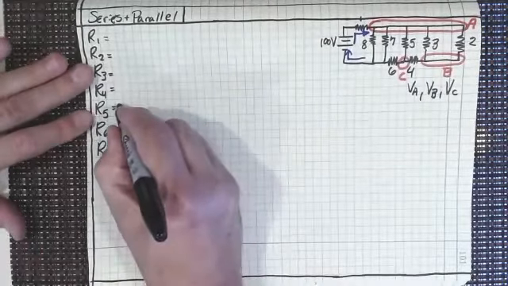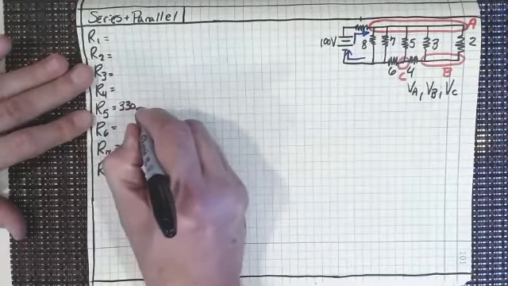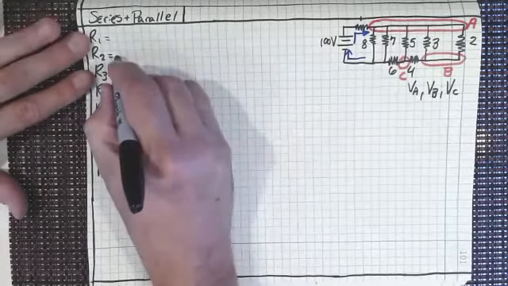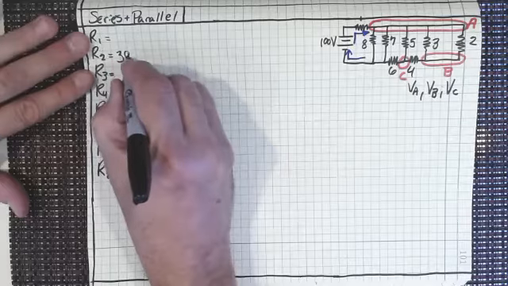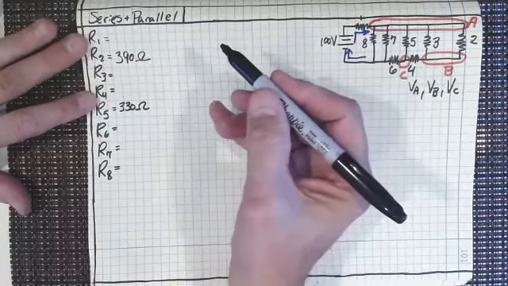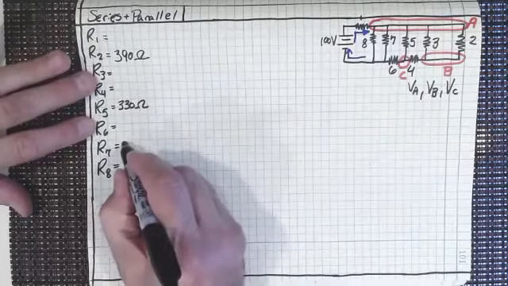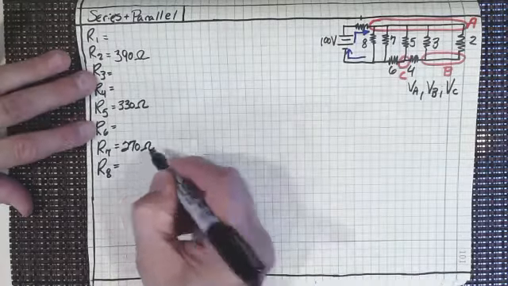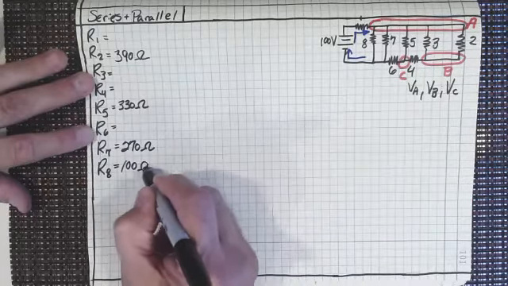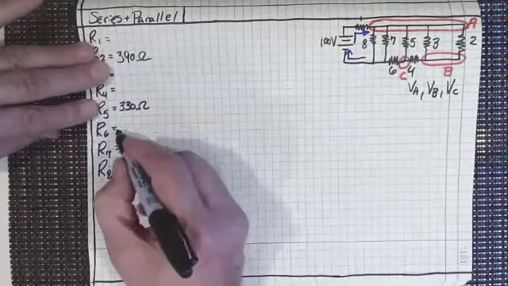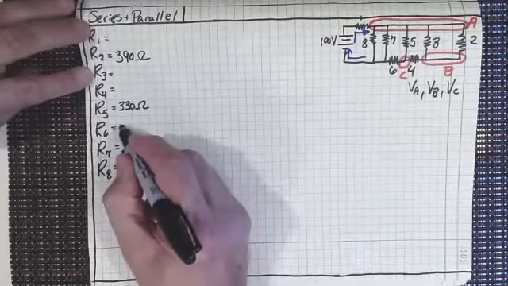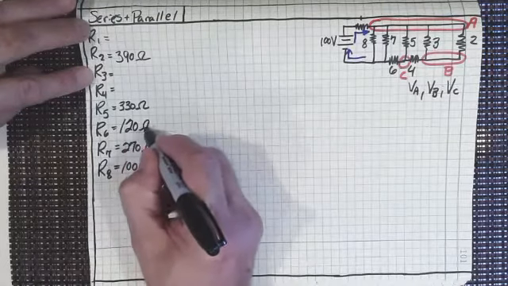Let's say that R5 is going to be a 330 ohm resistor. R2, I'll make that a 390 ohm resistor. Okay. And then that'll be a 270 ohm resistor. I'll make R8 a 100 ohm resistor. And then R6, oh, I don't know, a 120 ohm resistor.